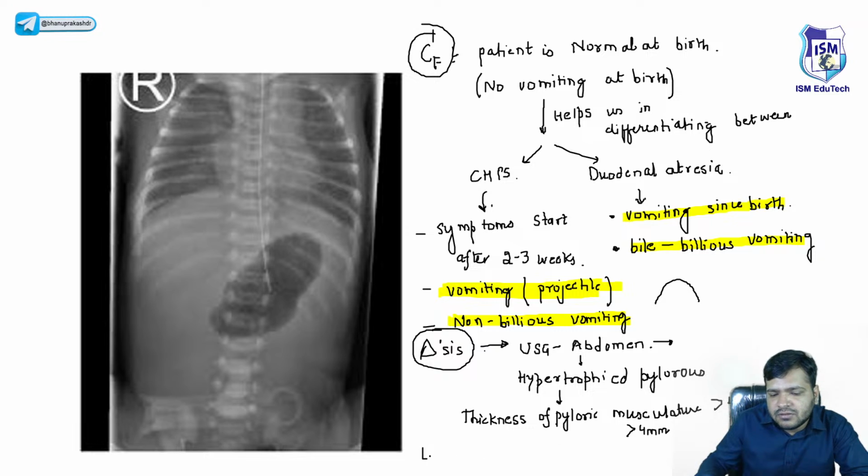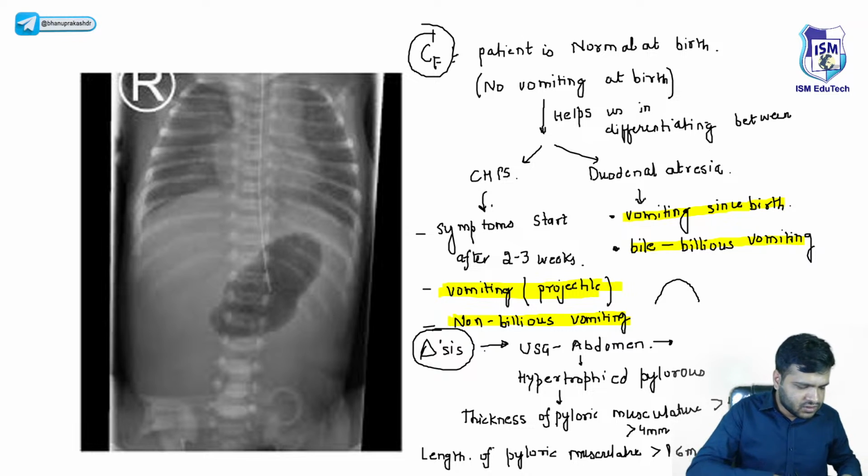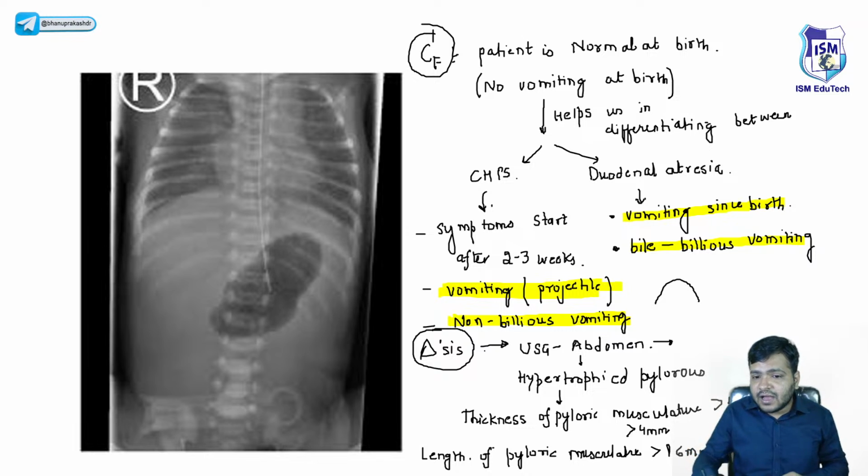And remember the length of the pyloric musculature is more than 16 millimeters. That is the confirmatory diagnosis. If you see the thickness more than 4 and the length of the pyloric musculature more than 16 millimeters on ultrasound, that is a confirmatory diagnosis.